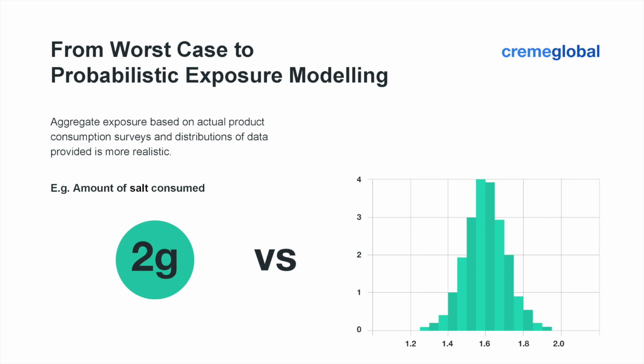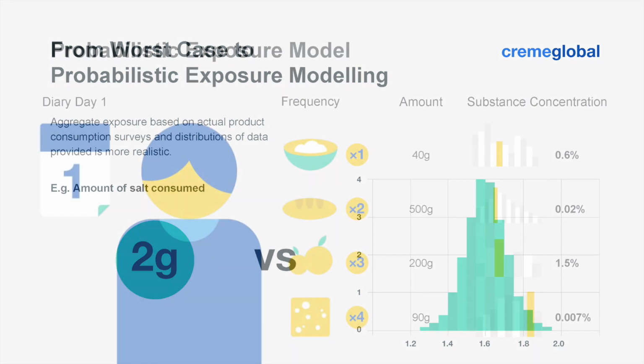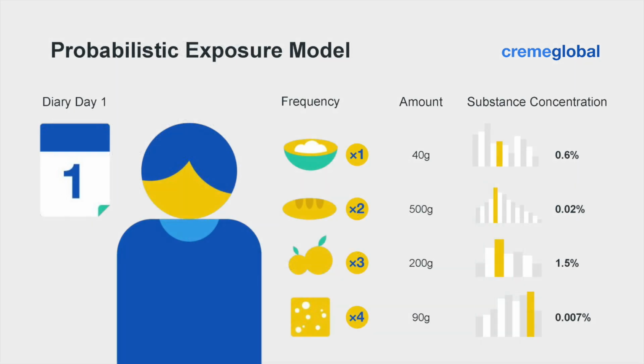Whereas in the probabilistic case, we can make use of the whole distribution of data to make the assessment much more refined and better reflecting the reality. And this approach can be used for the amounts of products consumed as well as the concentrations of the ingredient or contaminant in foods.